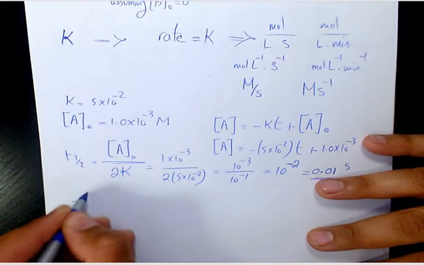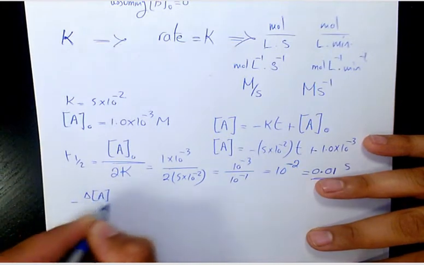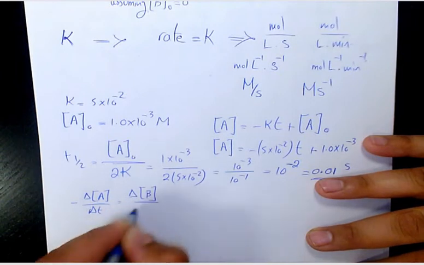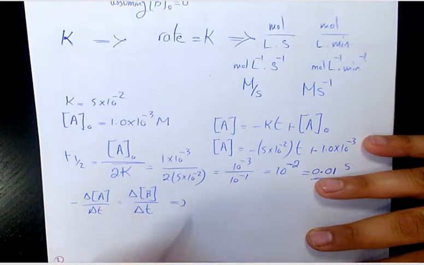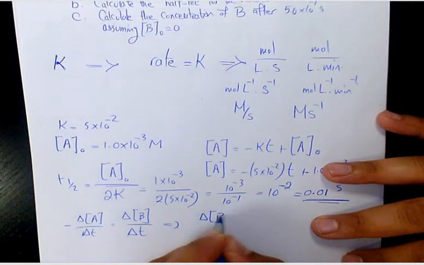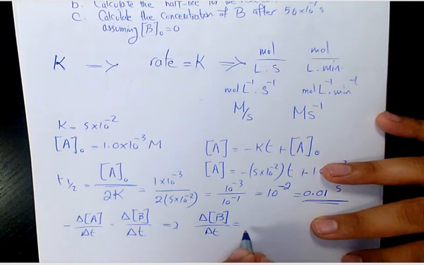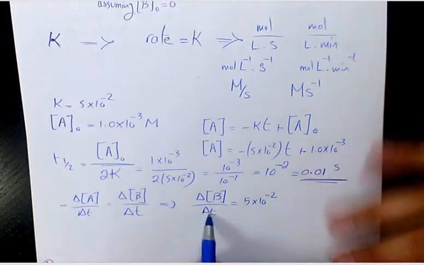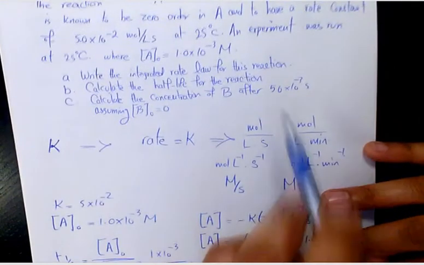It means that negative delta A over delta T equals delta B over delta T. So it means that delta B with respect to T is going to be equal to K, which is 5 times 10 to the power of -2.